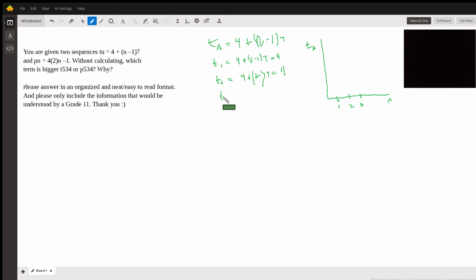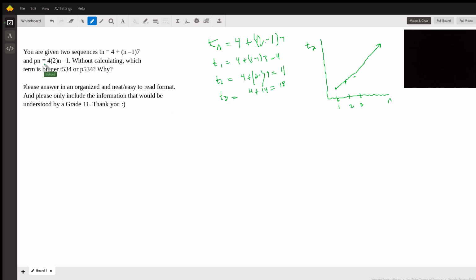And T sub 3 is 4 plus 14. So that's going to be 18. You can see that every time the value of T is going up by 7, you can think of this as a slope of 7. But basically, you're just going to have something that looks like this. It's going to be a straight line. It's a linear relationship between n and T.